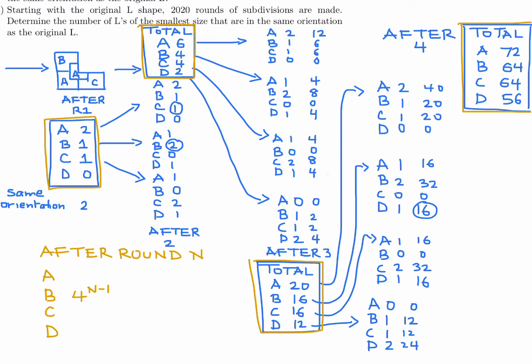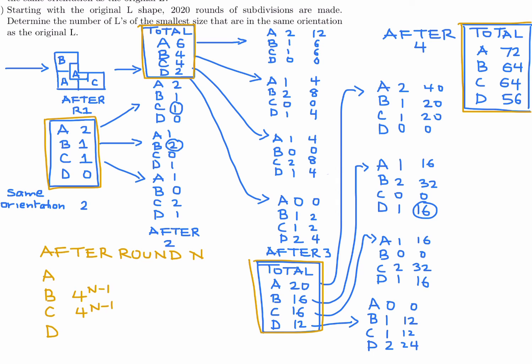Not n, but n minus 1. So, for example, when n is 4, it would be 4 to the power of 3, which is indeed 64, and so on. Okay, so I'm pretty confident about that. But I've got to figure out A. They don't want me to figure out B and C. They want A, because A is what is in the same orientation as I did in part B, if you remember.